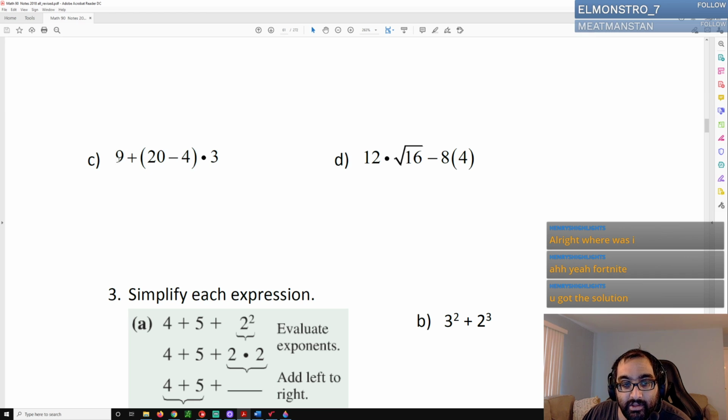Okay, so I want you to take a minute here and see if you can do this problem. Don't forget you want to do parentheses first.